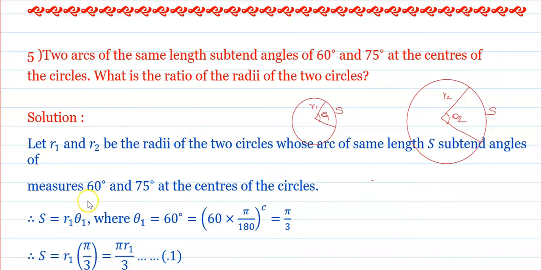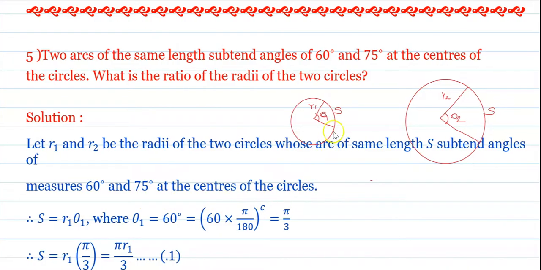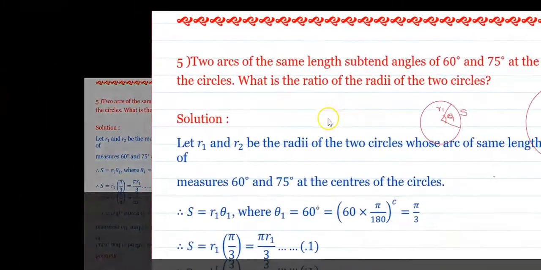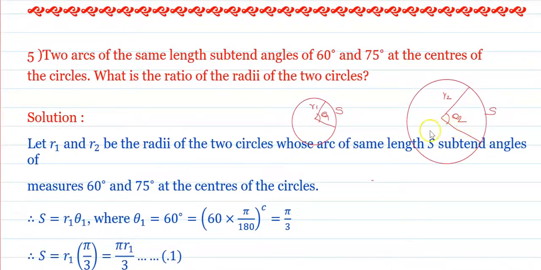The measures of the angles are 60 degree and 75 degree at the centers of the circle. First आपण इथे treat करूया 60 degree and this is theta 2 is 75. S1 is equal to r1 theta 1, but theta 1 is 60. Convert to the radian, 60 into pi upon 180, and again you will get here pi by 3 radian.